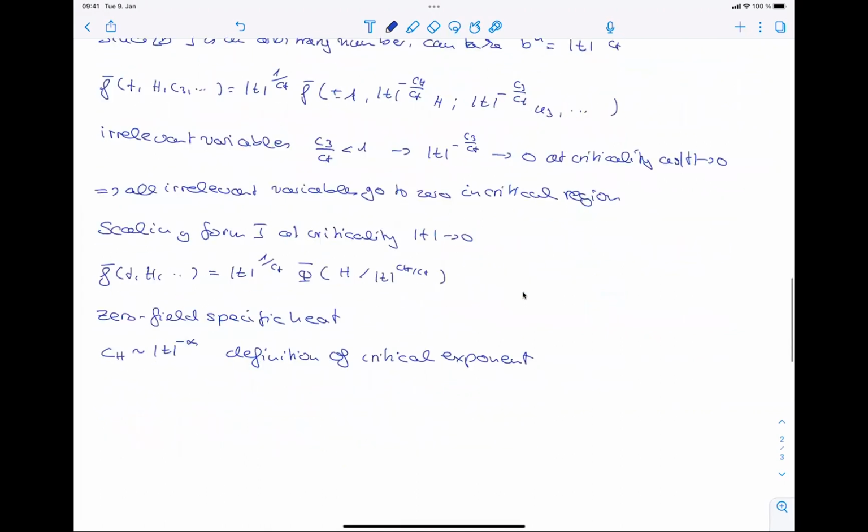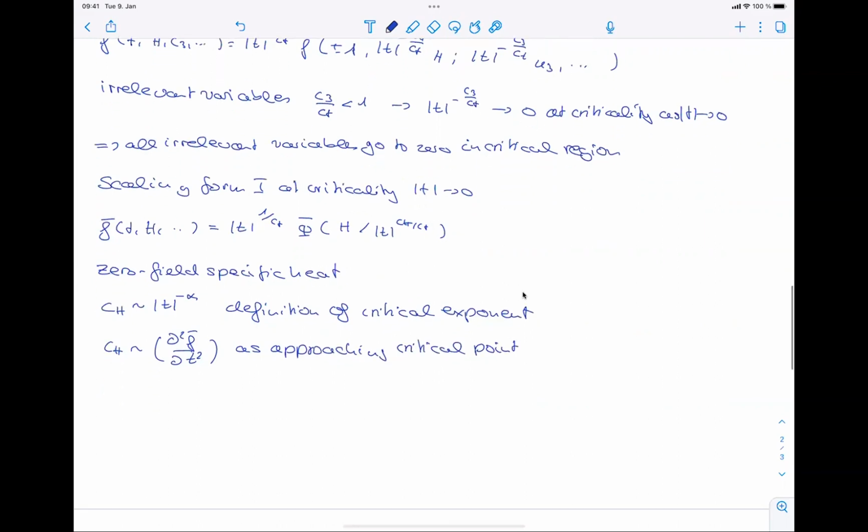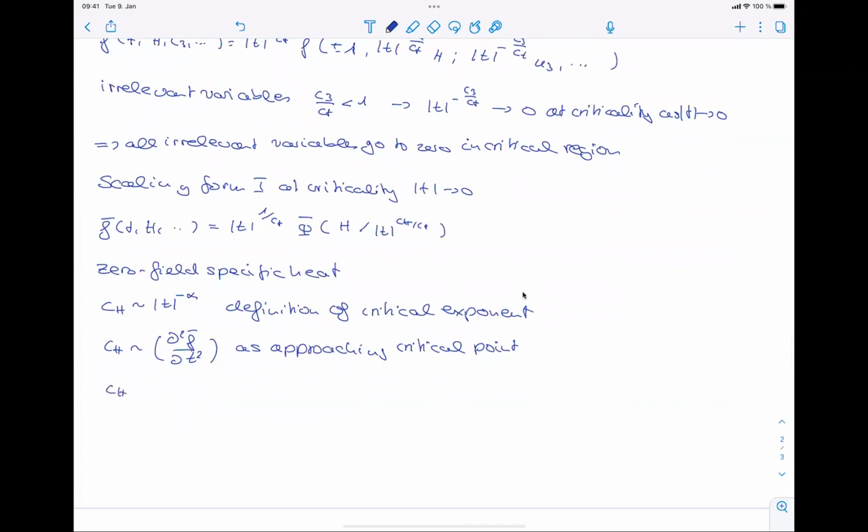And now we can derive it because CH, we don't care about prefactors, we only care about scaling, is proportional to the second order derivative with respect to temperature as approaching the critical point. And so that's then taking the second order derivative of the scaling function.